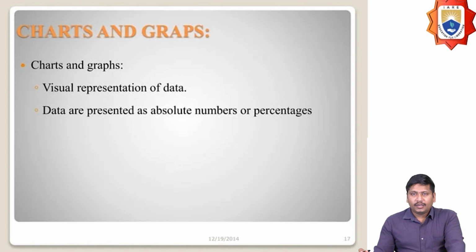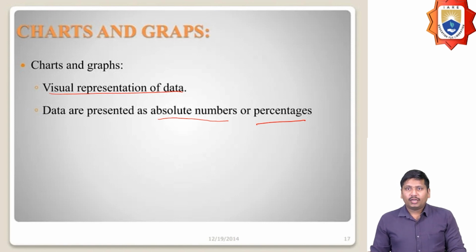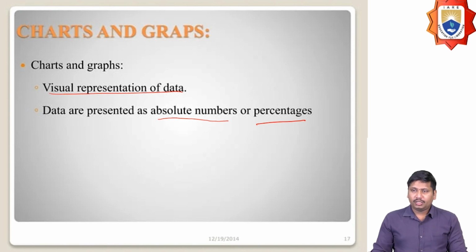So charts and graphs here. Charts and graphs are normally used for the visual representation of the data, and the data I present should be presented as absolute numbers or in the form of percentages, right? So graphs are mainly used for visualization, and the data I present is taken as an absolute number, or it may be a percentage.